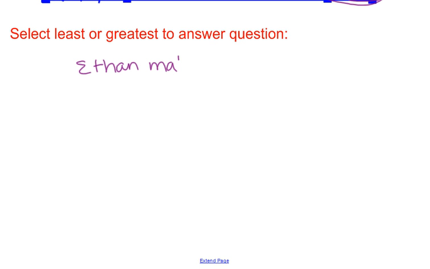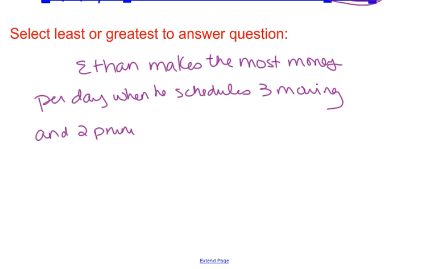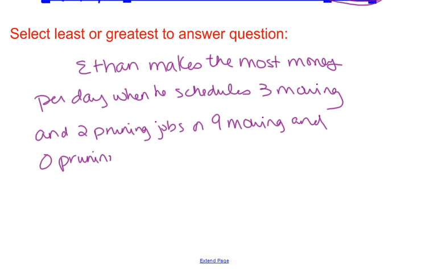Ethan makes the most money per day when he schedules 3 mowing and 2 pruning jobs, or 9 mowing and 0 pruning jobs.